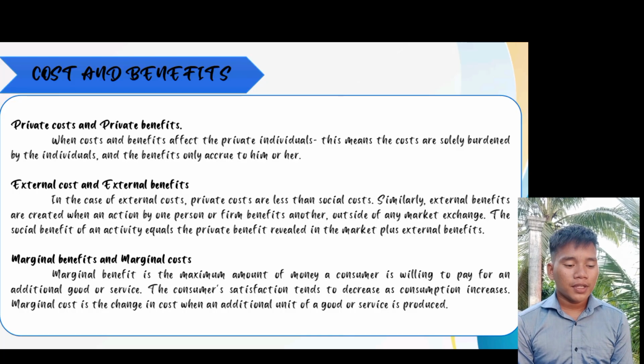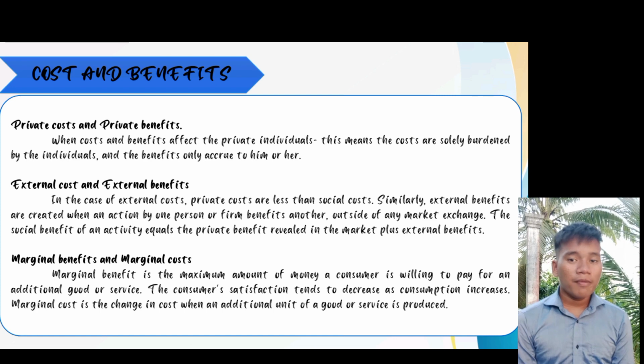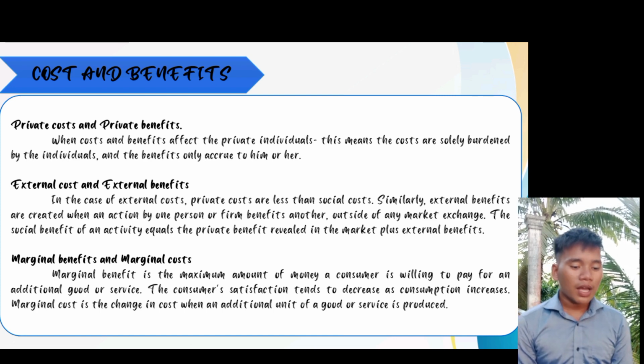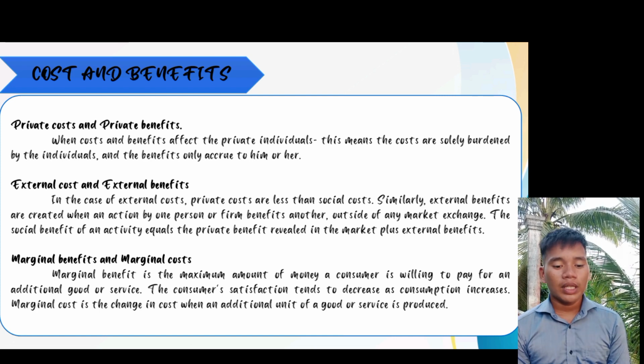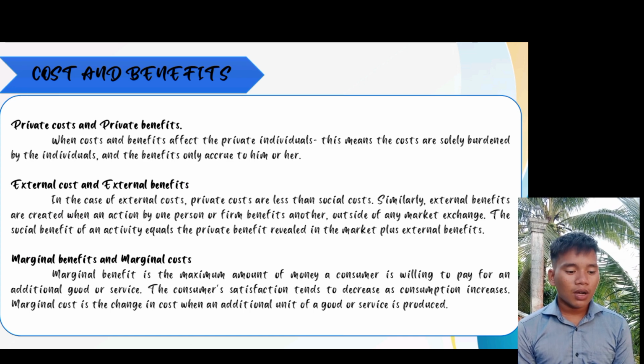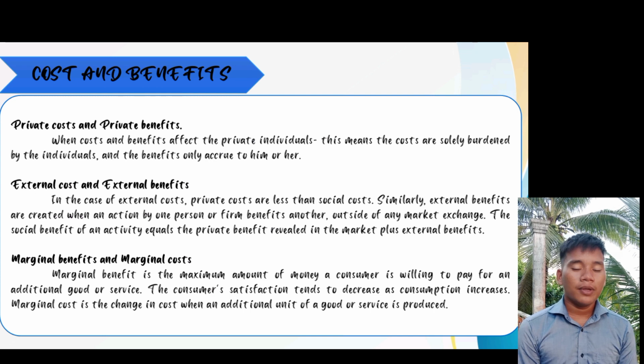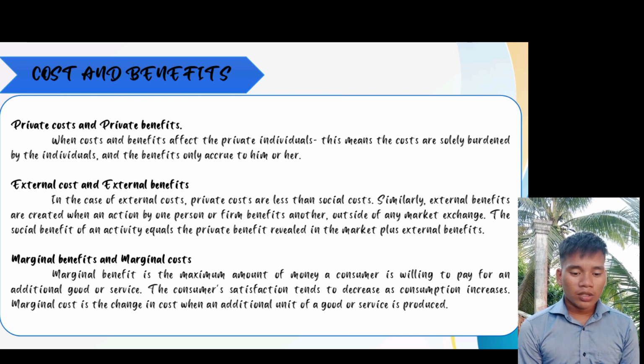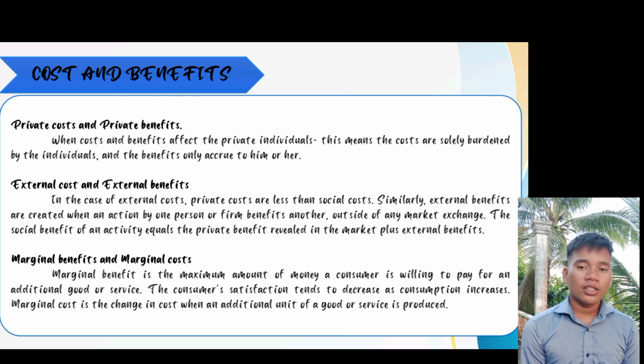The last but not the least, costs and benefits. Private costs and private benefits. When costs and benefits affect private individuals, this means the costs are solely burdened by the individual and the benefits only accrue to him or her. External costs and external benefits.